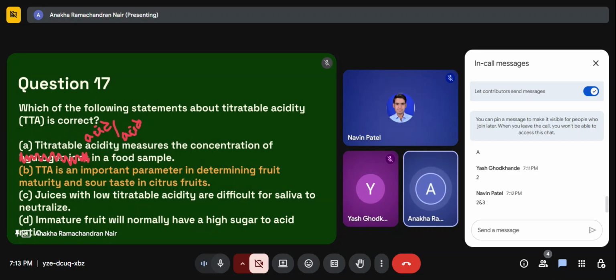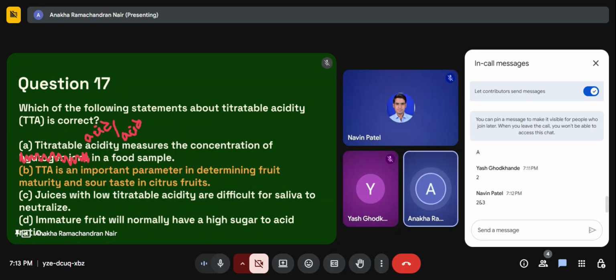It is an important parameter in determining fruit maturity and sour taste in citrus fruits, because citrus fruits are more acidic in nature, right? And fruits which are over ripened are also more acidic because the sugars would have been converted to acids by the enzymes. So the more ripe the fruit is, the more acidic it will be.